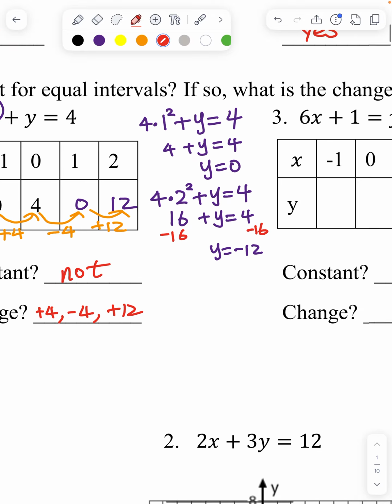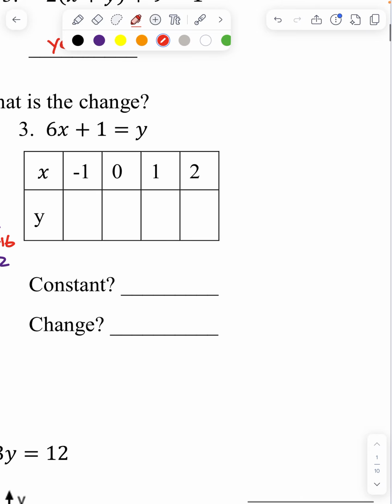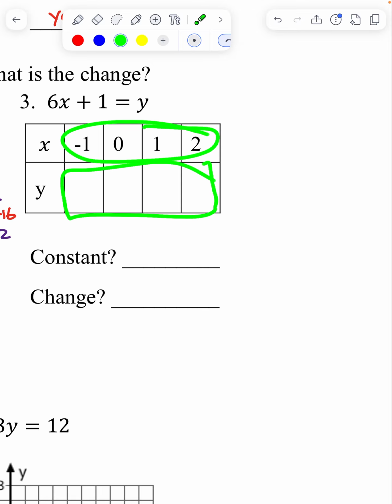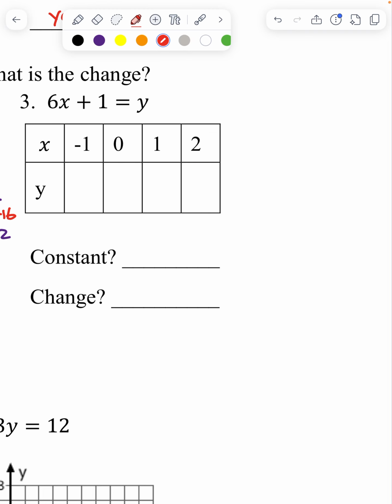Number 3, 6x plus 1 equal to y. Oh, this one we have to figure out all the 4 values here. Okay, the first one, 6x, that means 6 times x. So 6 times negative 1 plus 1 equal to y.